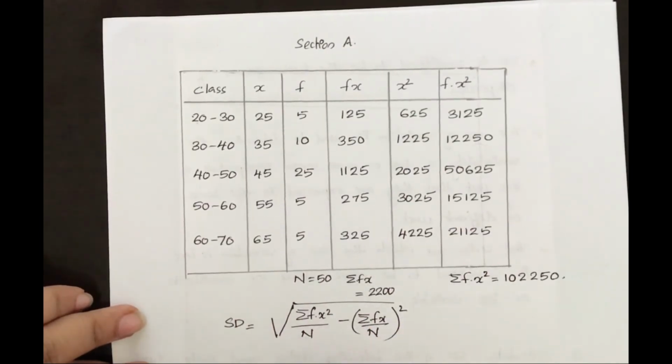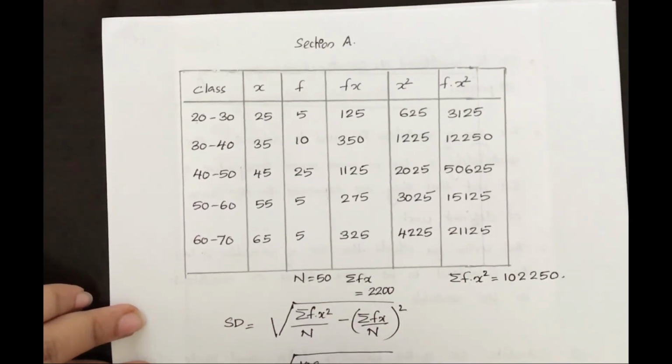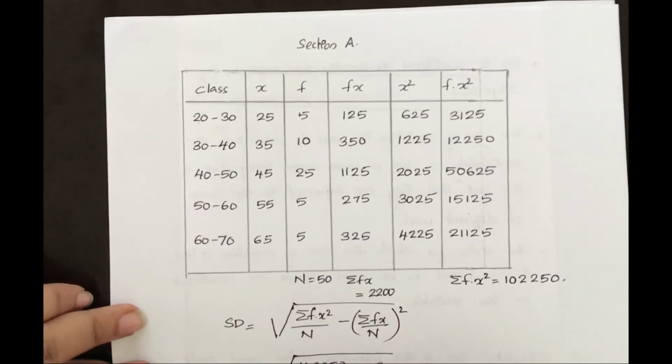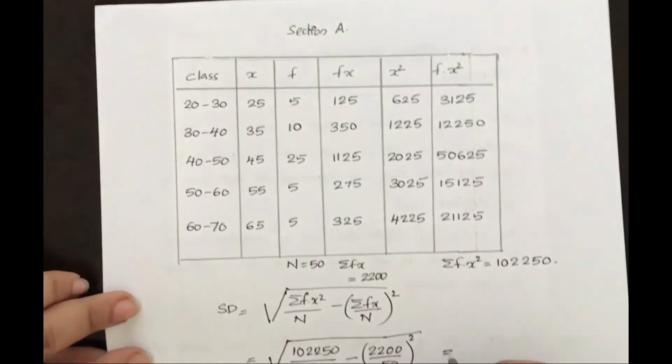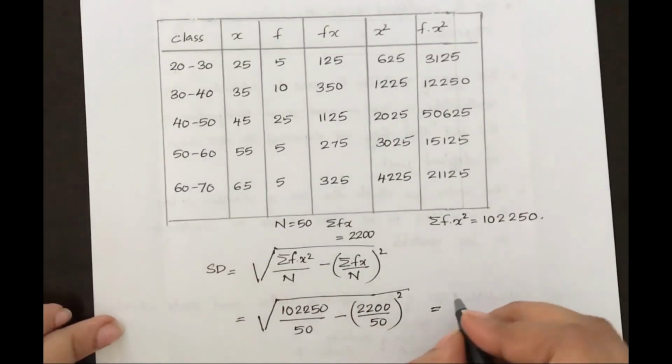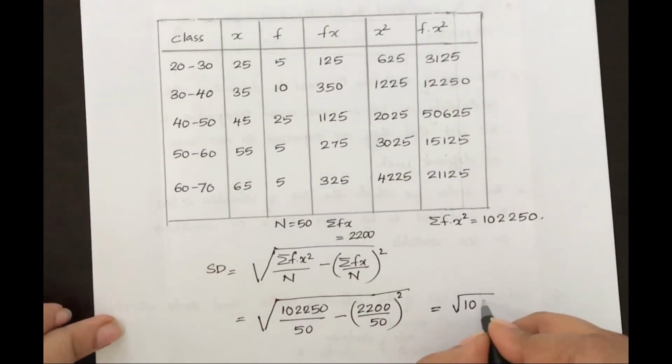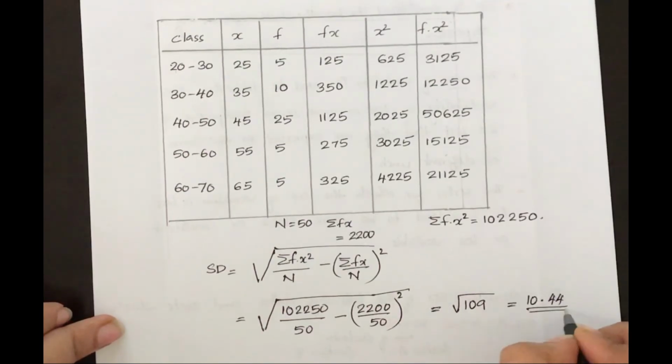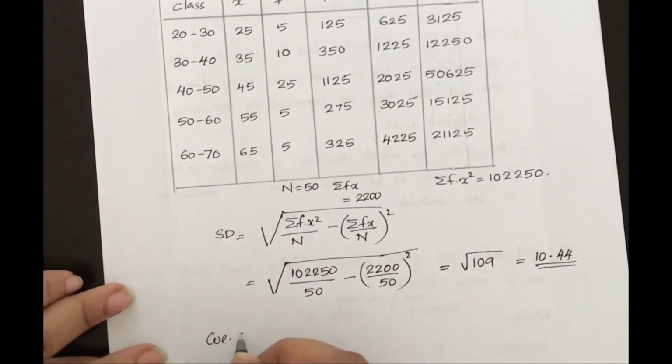So substitute these values: root of 2250 divided by 50 minus 2200 divided by 50 the whole square. By simplifying it, we will get standard deviation as root of 109, that is 10.44.